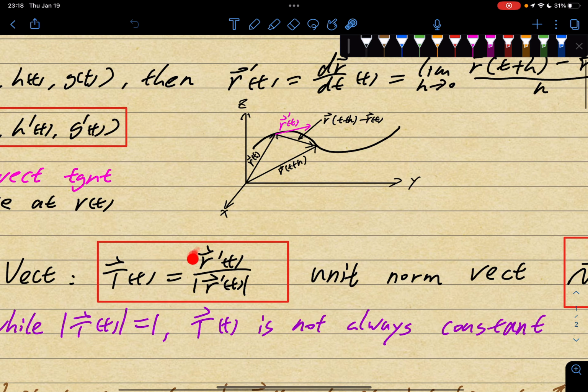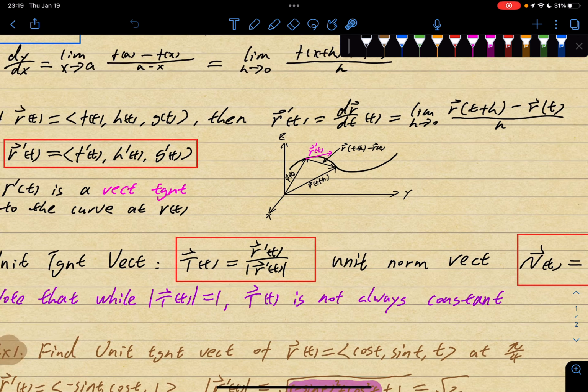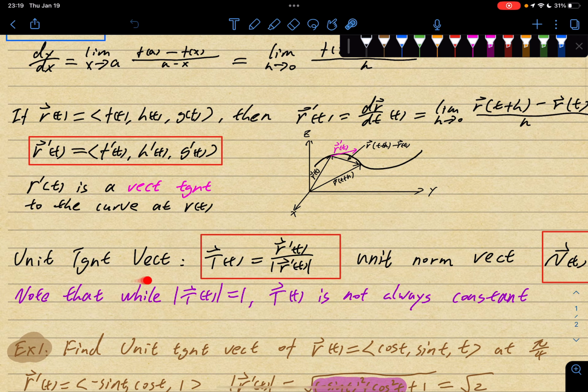You have r prime of t, which is your velocity vector in some cases, and you also have the magnitude of the same vector, and you just normalize it. We call dividing a vector by its magnitude normalizing. We normalize the tangent vector. That's why it has the name unit tangent vector.